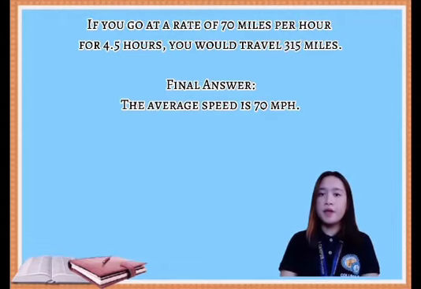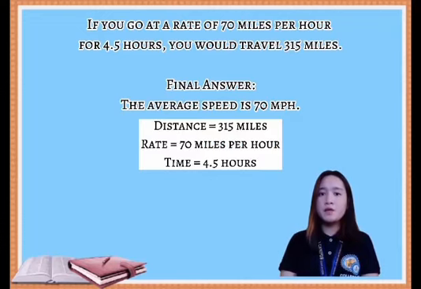Now, to verify that the answer is what is being asked in the problem, let's check it. Based on what we got, the distance is 315 miles, the rate is 70 miles per hour, and our time is 4.5 hours. To check, let's use the distance formula to see if it equals 315.